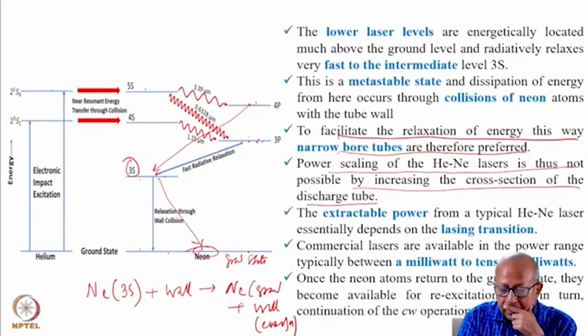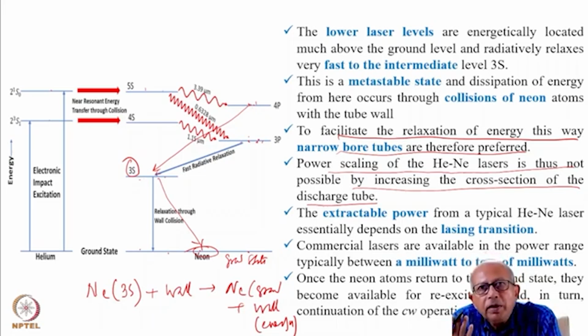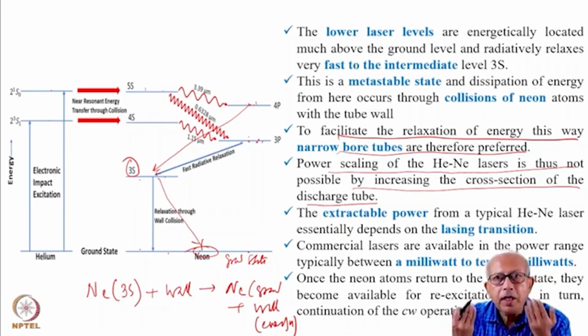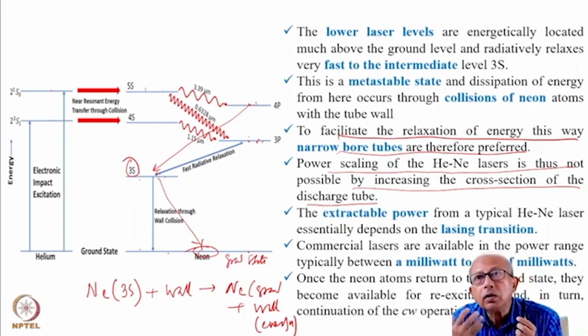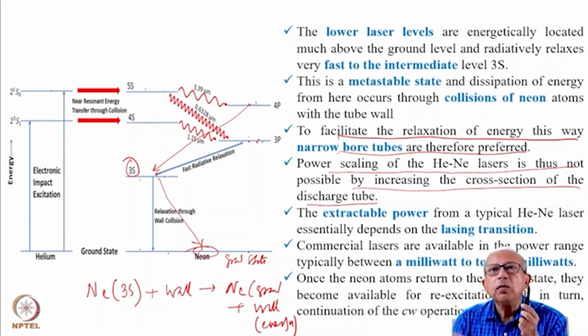However, in this case, you cannot increase the power by increasing the operating pressure, because if you operate at a higher pressure, you would not be able to obtain glow discharge under continuous operation, because we know that as you increase the pressure, obtaining glow discharge is not possible for continuous discharge.